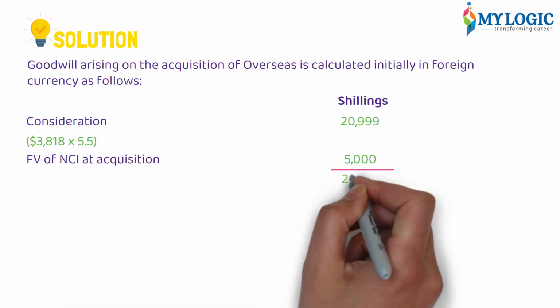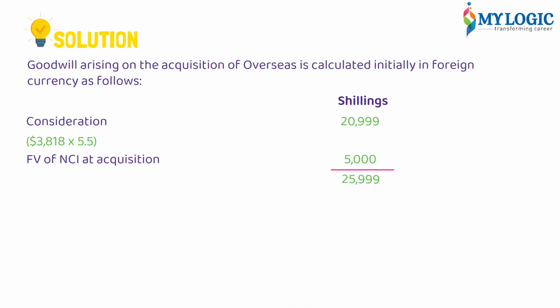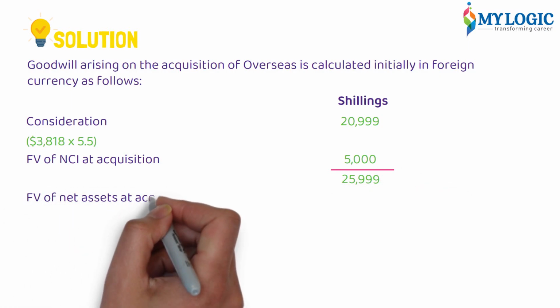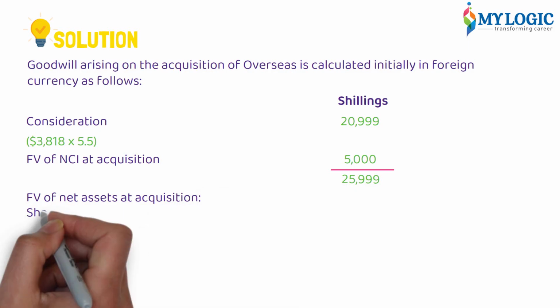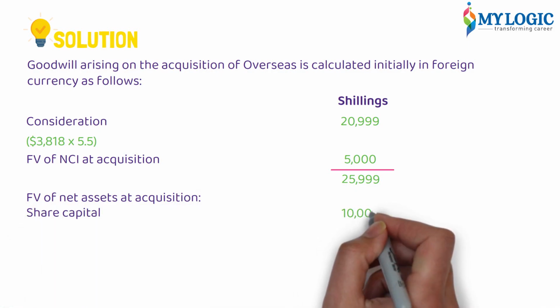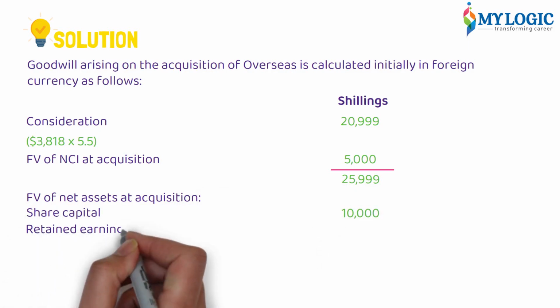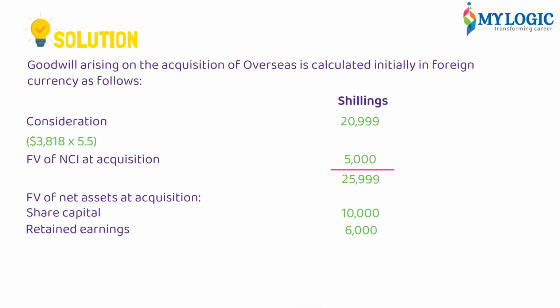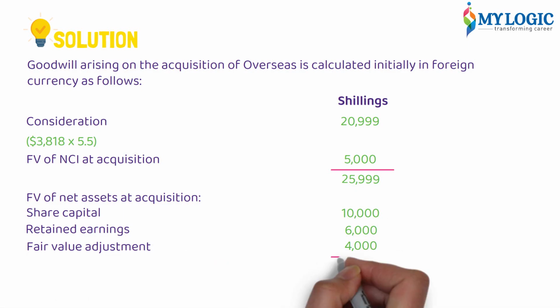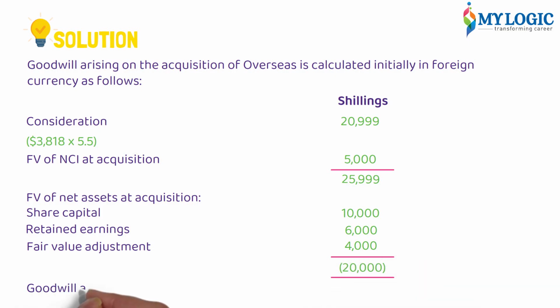Total, 25,999 shillings. Fair value of net assets at acquisition: share capital 10,000, retained earnings 6,000, fair value adjustment 4,000, total 20,000. Goodwill at acquisition, 5,999.